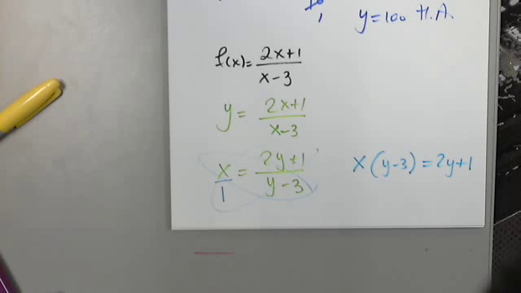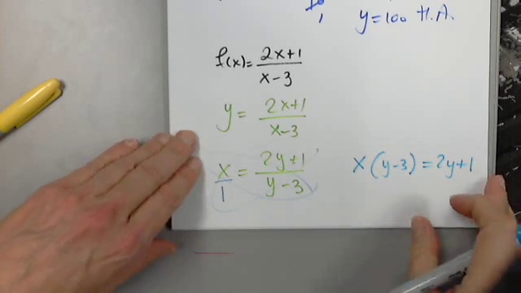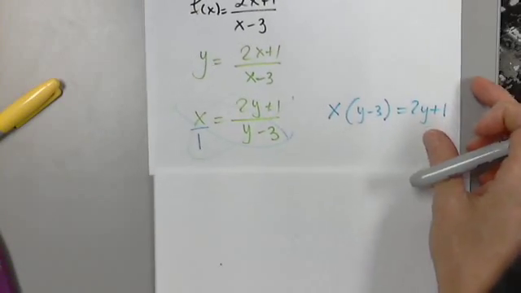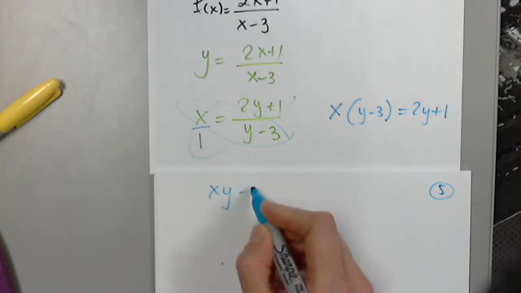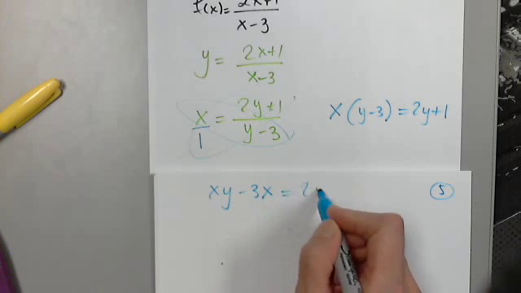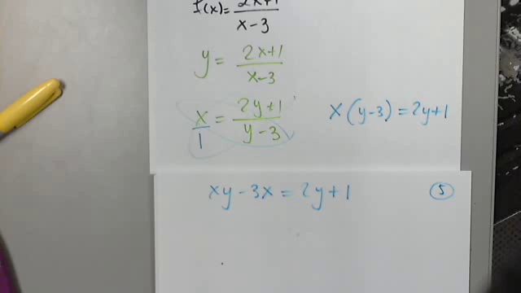What am I solving for? Y, indeed. Very good. I am solving for y. So xy minus 3x equals 2y plus 1. Next step.